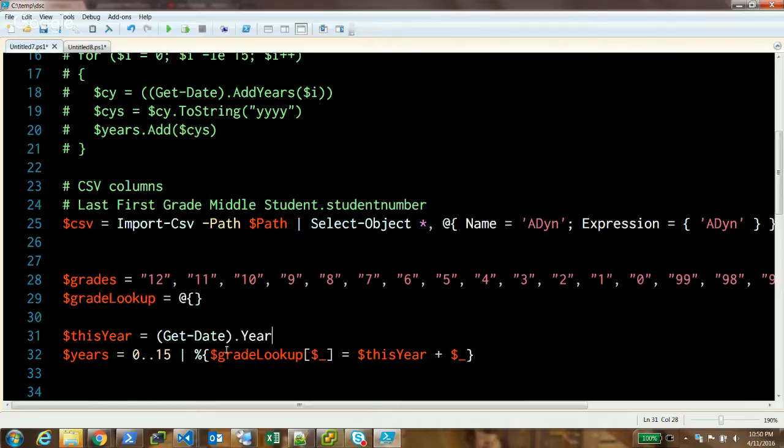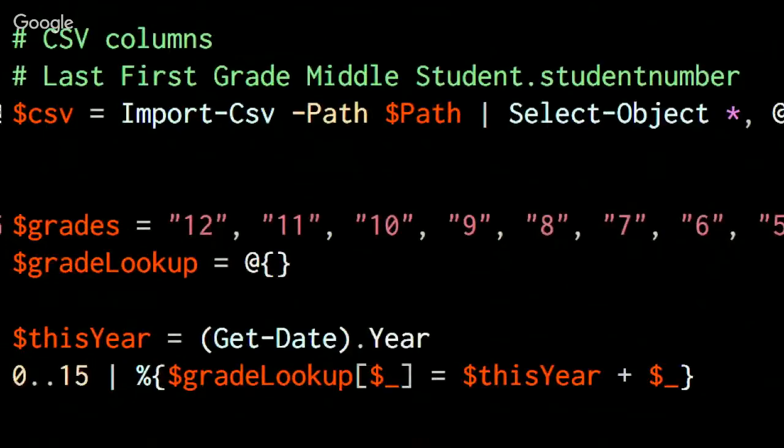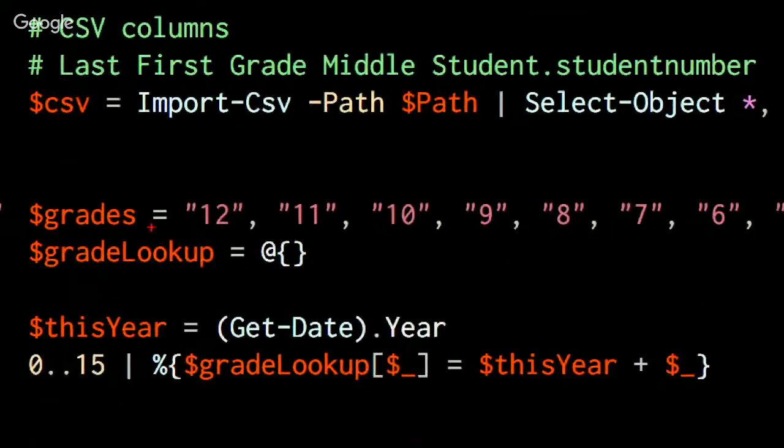Okay, so I'm doing the same thing I did before, except now I don't need to return it. It's actually going to just be shoved into this. So okay, I have a hash table now. Follow me on this one. I've got my list of grades, which I like. I have the grade lookup.